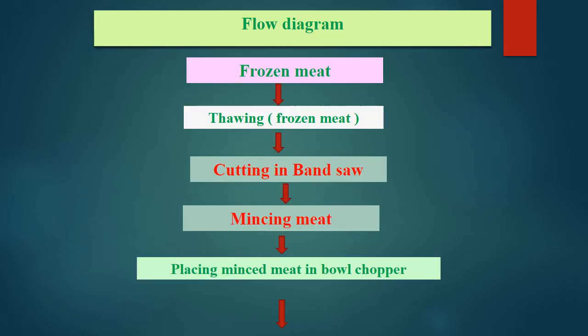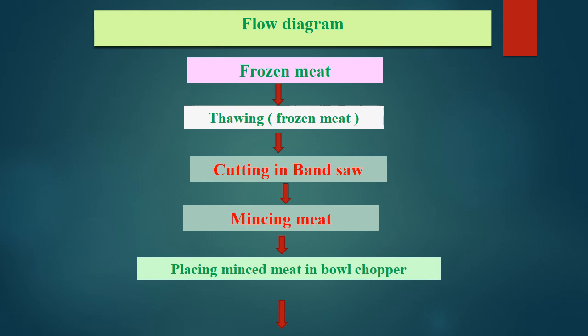Here I will explain the flow of operation. So first we should have the frozen meat, and then in case of small scale operation like 5 to 10 kg, we can thaw the meat partially and separate them with the help of a knife. But in case of industrial operation in large scale or regular operations, we need not go for thawing.